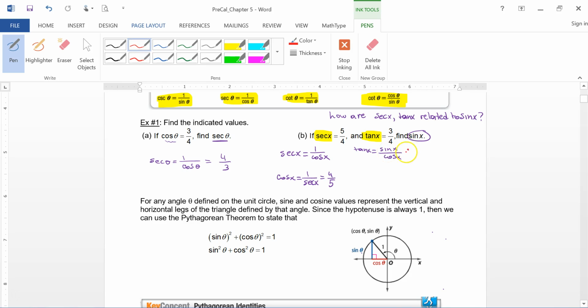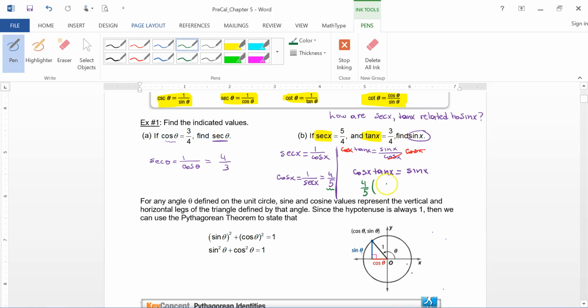Okay. Now, what's sine of x? If I multiply both sides by cosine, what's sine of x equal to? Cosine x times tangent x equals sine x. So now let's plug in our values. Cosine of x is 4 over 5.